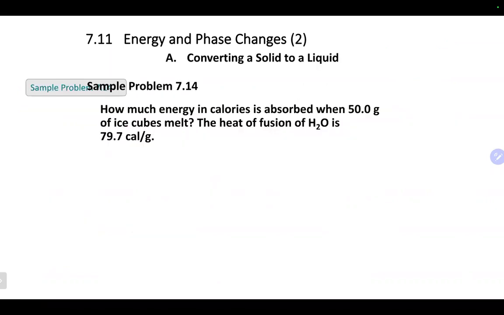So let's take a look at that. How much energy and calories are absorbed when 50 grams of ice cube is melting? Here they did give us the heat of fusion in calories. It's a simple, straightforward calculation. You would take the 50 grams of water, which is the ice, and use the heat of fusion so that the grams cancel.